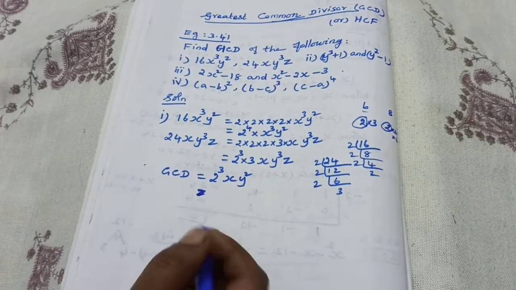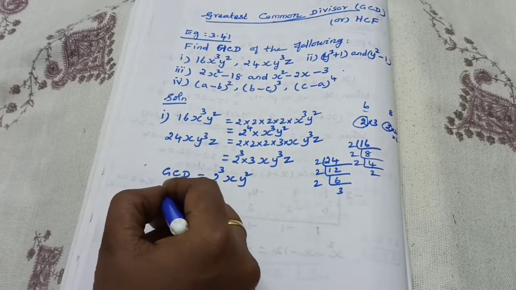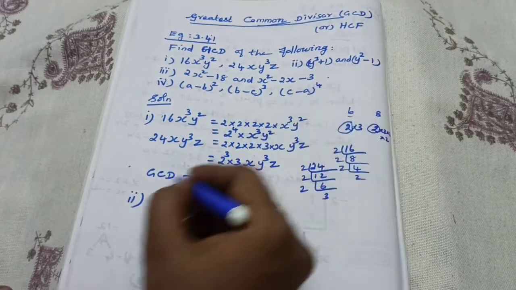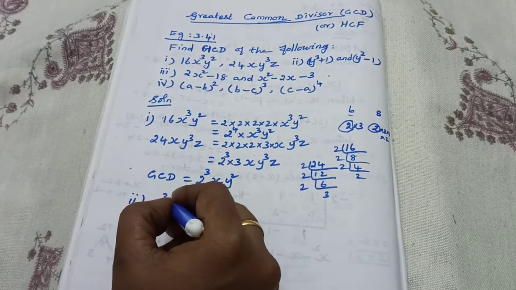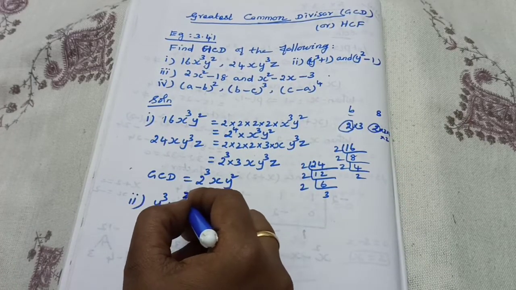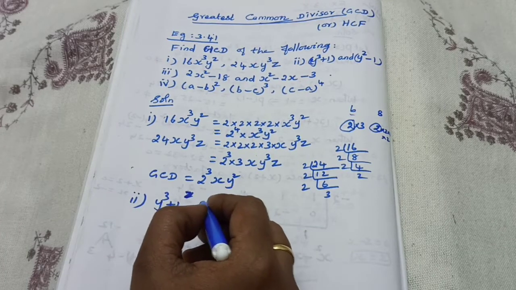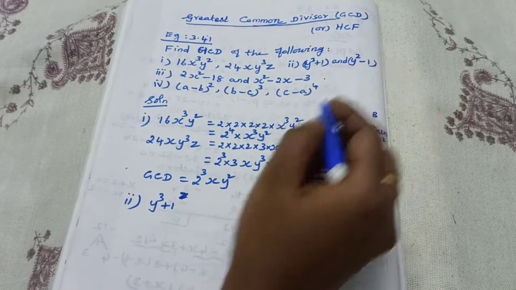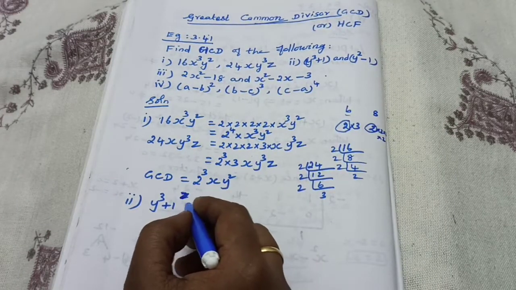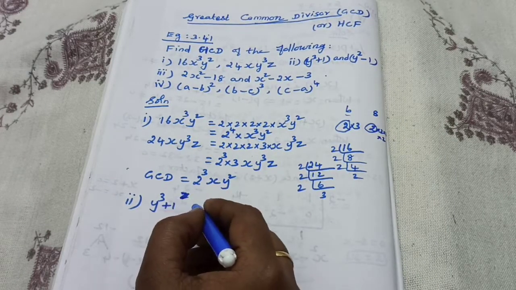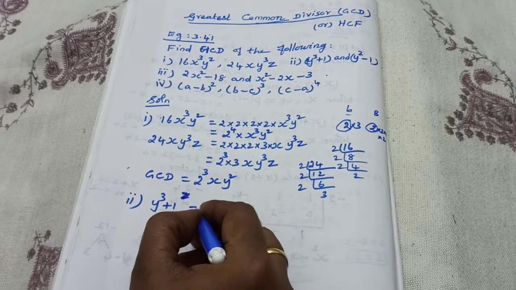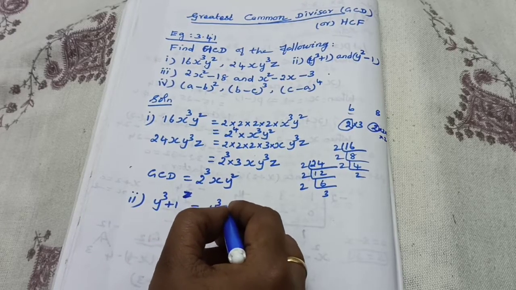Okay, this one is enough. Then the second one: y cube plus 1, y cube plus 1, and y square minus 1. For the first polynomial, y cube plus 1 we can write as y cube plus 1 cube.